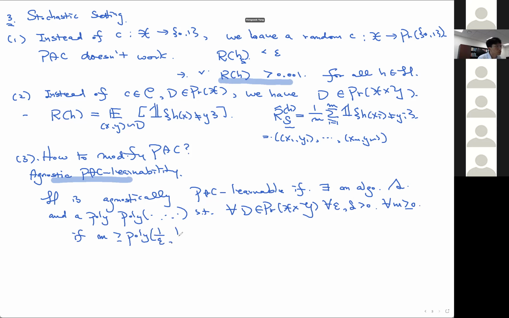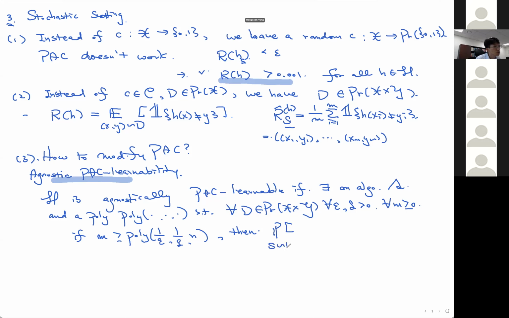So far, things are very similar. Here, small n is the size of the input. Then we get a good hypothesis. The algorithm will return a good hypothesis with high probability. Here, good means compared to the minimum that we can achieve.